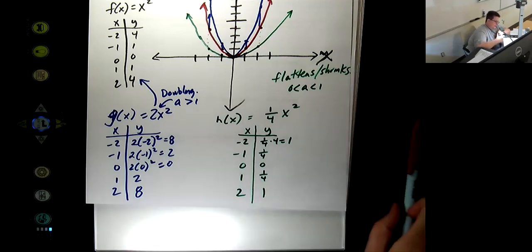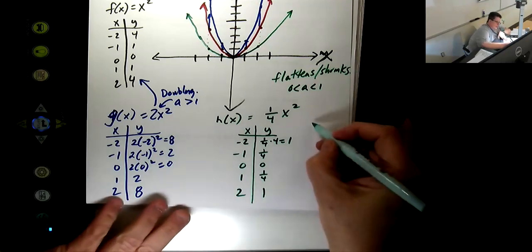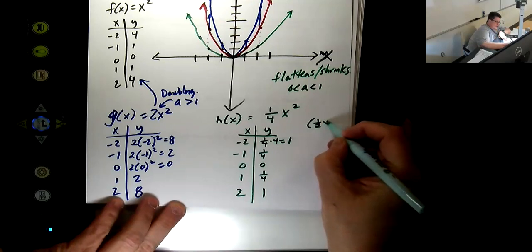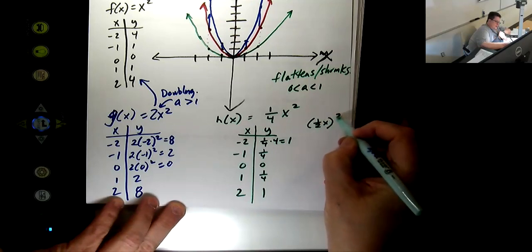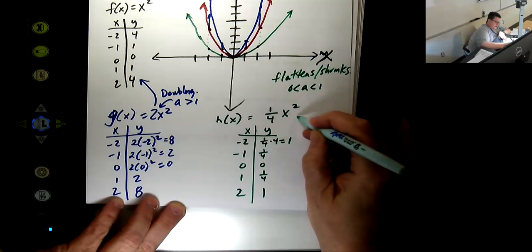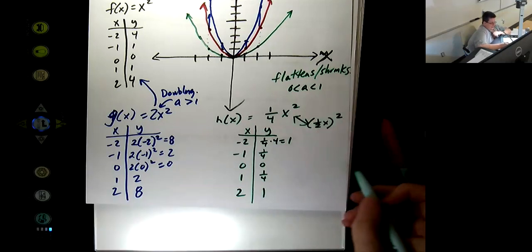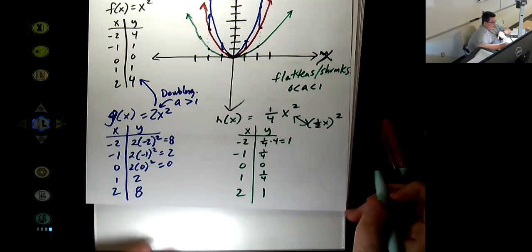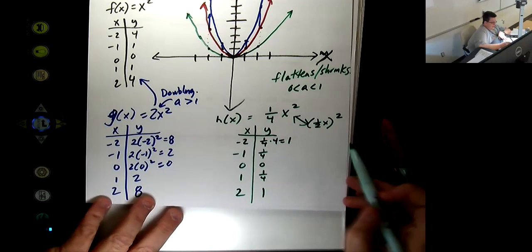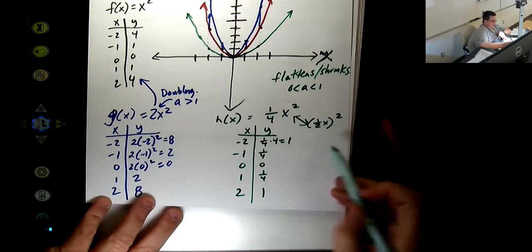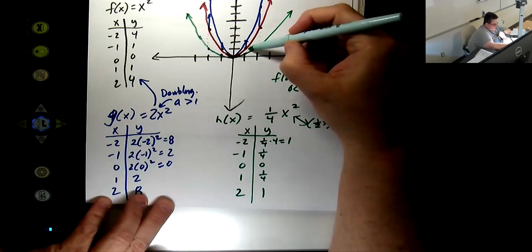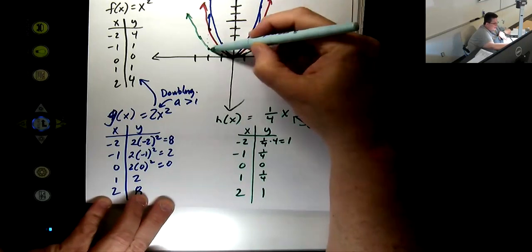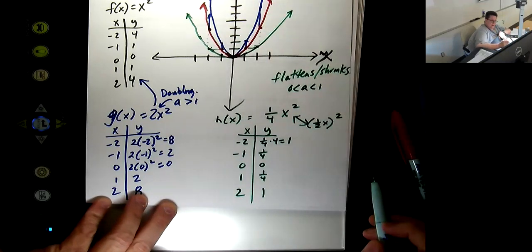This graph wouldn't look any different than if I had 1/2 x squared, x like this, and squared it. These two are identical. And yet, oddly enough, when they have it on the inside, the math books like to say that it's widening it, not shrinking it. But it does the same thing visually.